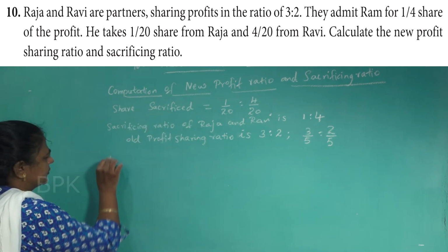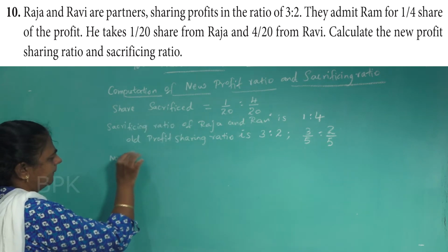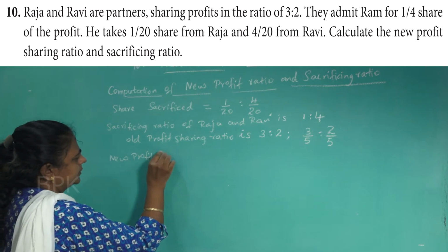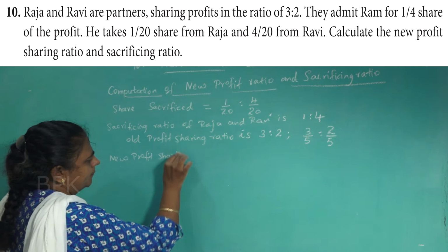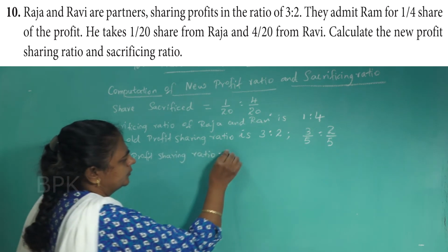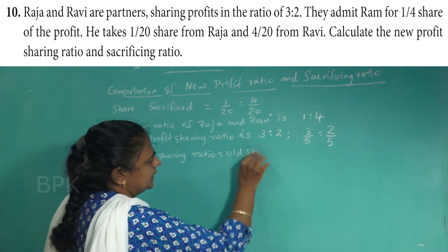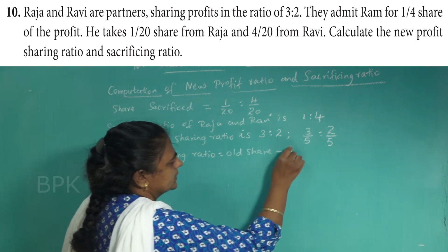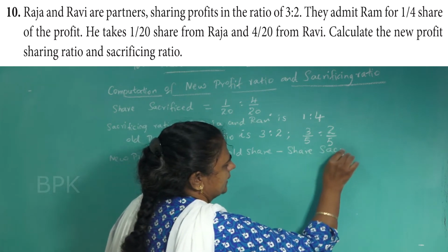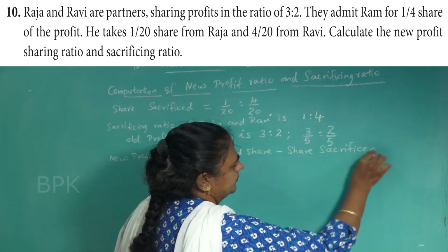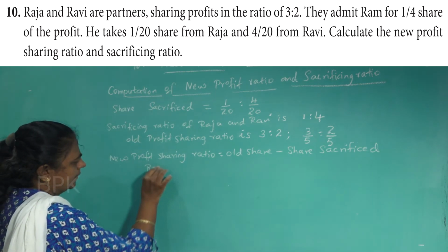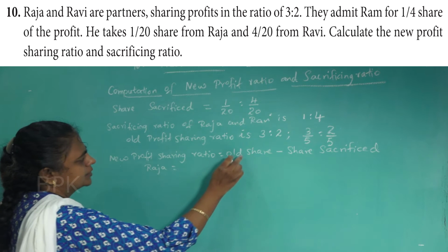So new profit sharing ratio is equal to old share minus share sacrificed. First calculate for Raja. What is the old share of Raja?